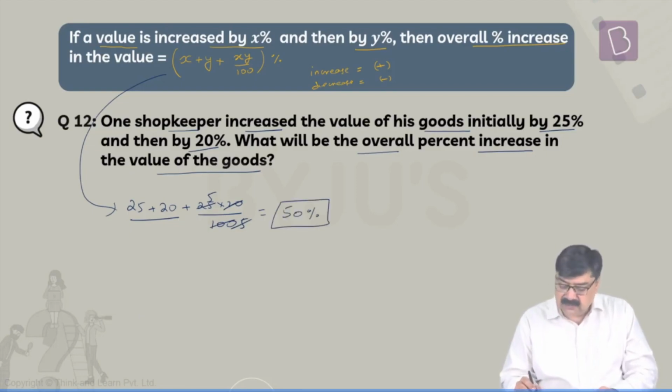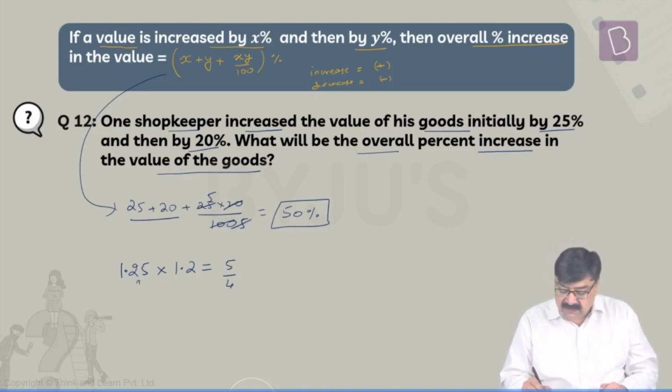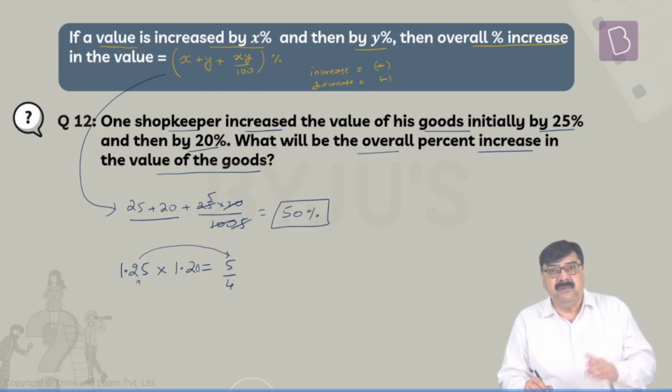The other way around. Increase of 25% means 1.25 times. Increase of 20% means 1.2 times. Now, you don't have to multiply it. Don't worry. See, this is 25%. 25% is 1 by 4. 125% will be 5 by 4. So this anyhow is 5 by 4, 1.25. So this is 1.20. So 20% is 1 by 5. 120%, which is 1.2.